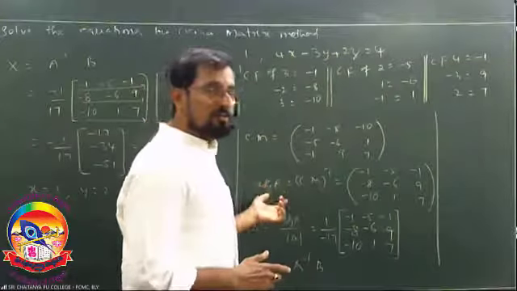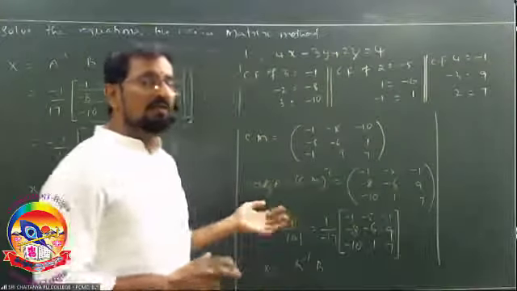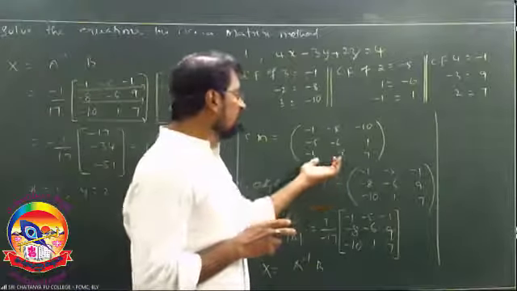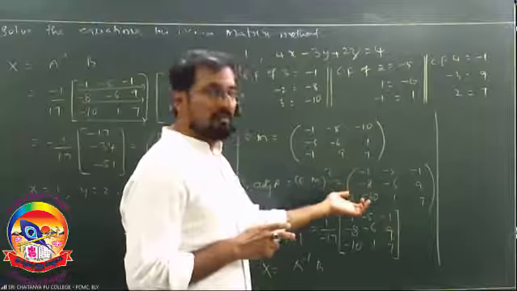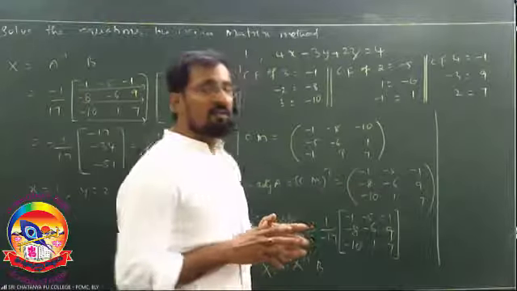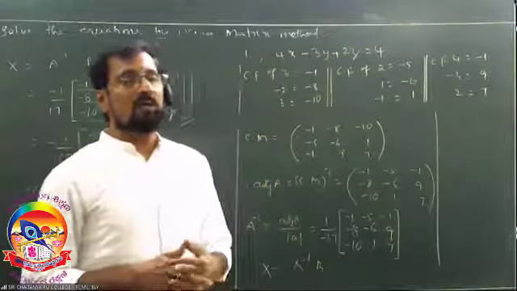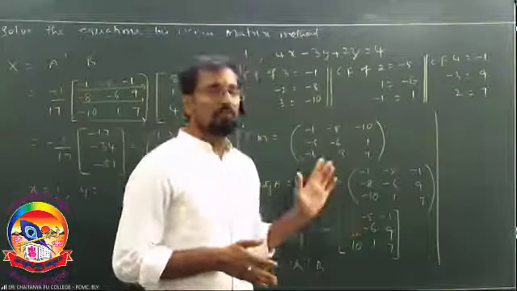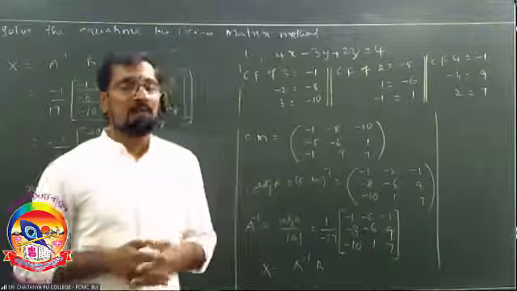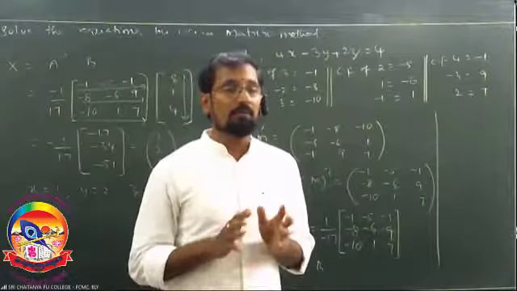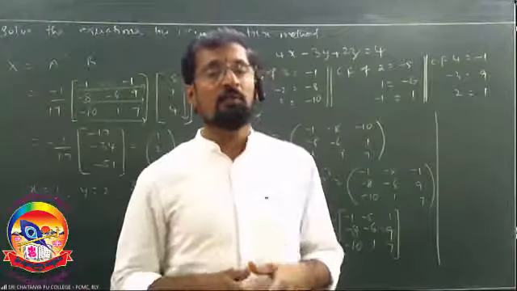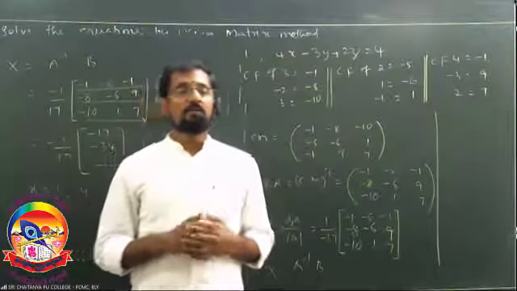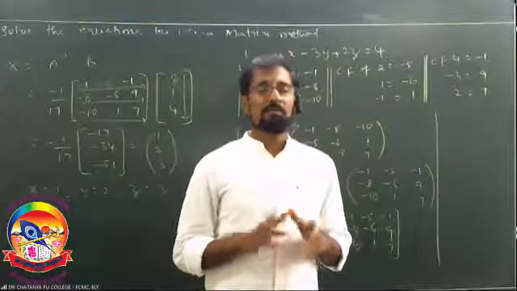After that, adjoint A should be equal to cofactor matrix transpose, right? So I have transposed this one and I got this. And afterwards, A inverse is equal to adjoint A by det A, which is 1 by minus 17 into this, right? So after getting A inverse, our aim to solve the problem is to find out small x, y, z, right? So for that sake, you should do capital X is equal to a matrix.